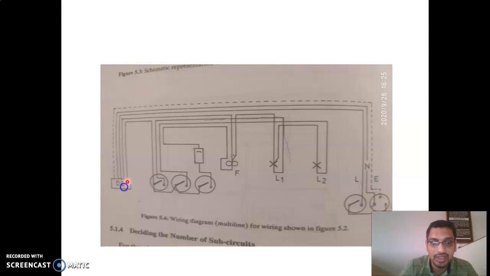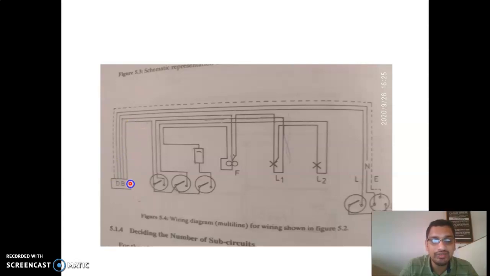So from the DB we tap 4 wires: 1 phase wire and 1 neutral wire for the sub-circuit, and 1 phase wire and 1 neutral wire for the power circuit.